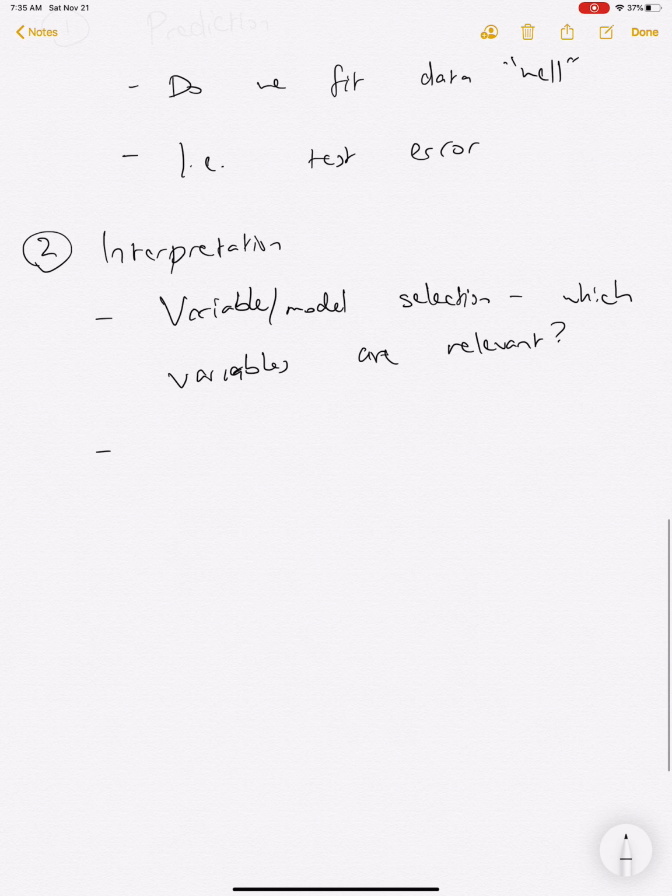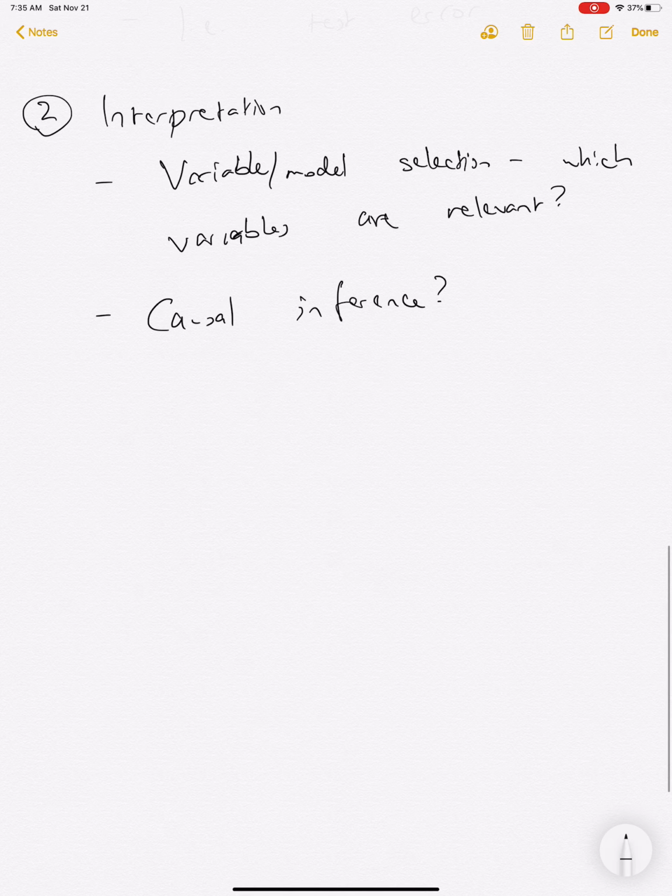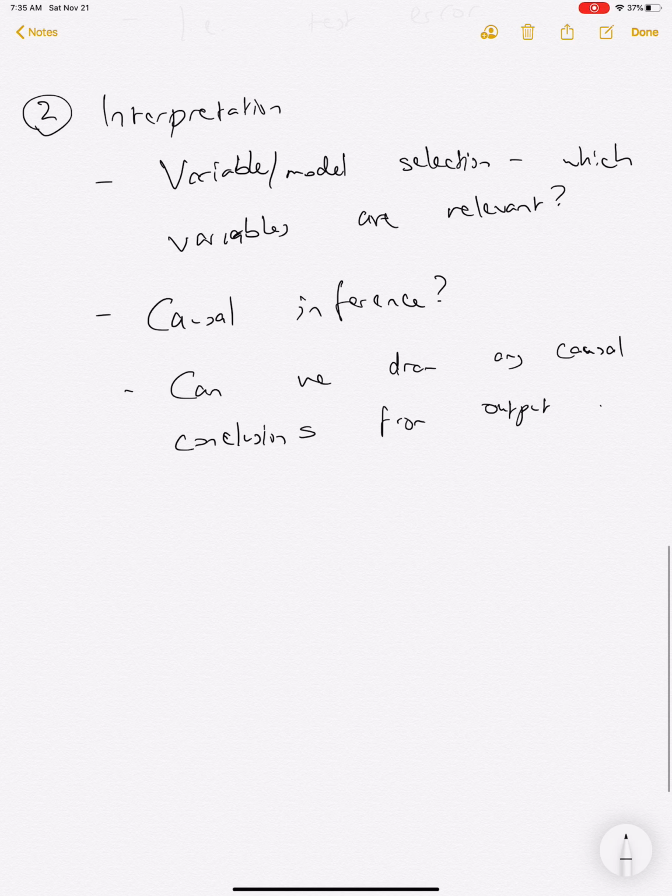There's another very important thing that a lot of people care about, which is causal inference. That's quite a hard question, so I'm putting a question mark there. This is really saying, can we draw any causal conclusions from the output of the algorithms?